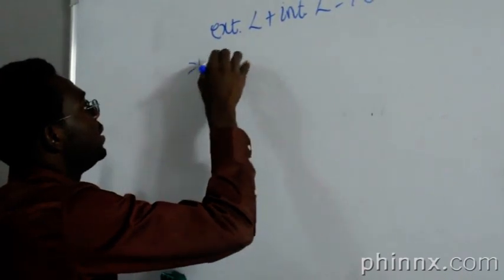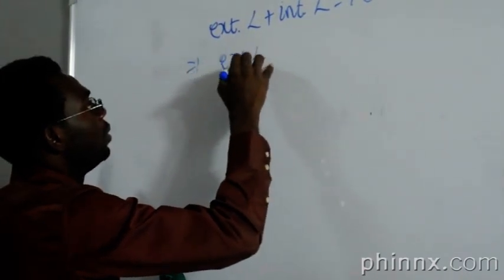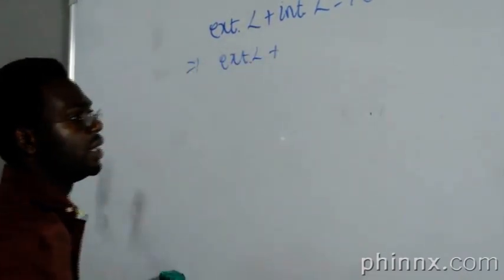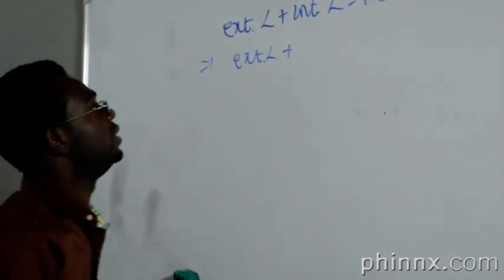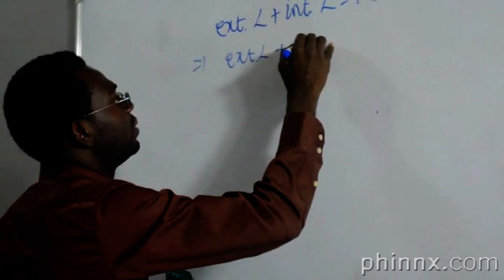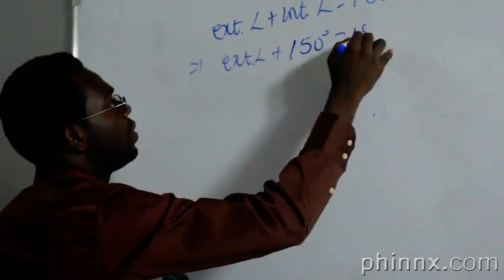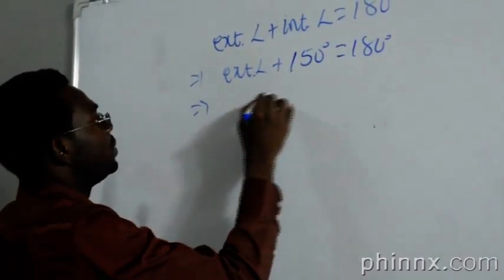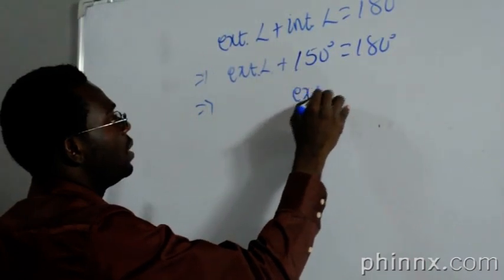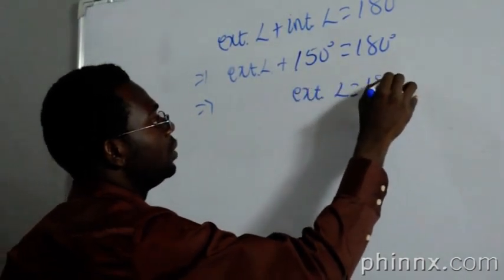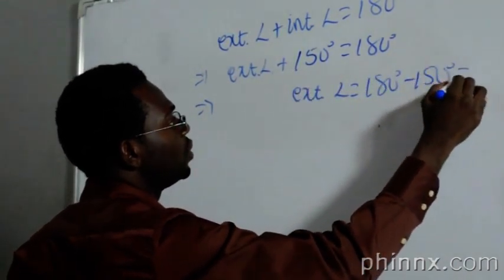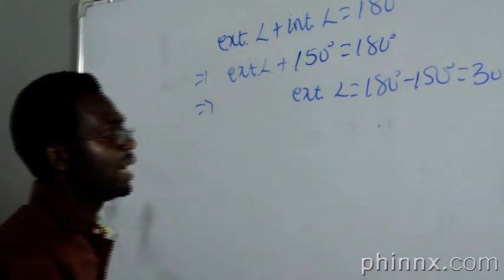So the exterior angle plus 150 degrees is equal to 180 degrees. This implies that the exterior angle is 180 minus 150, which gives us 30 degrees.